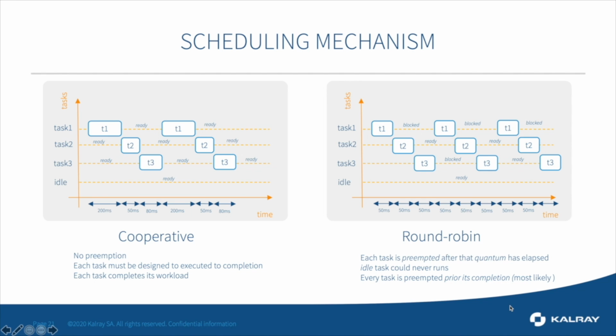As you can see here, for instance, task 3 has been blocked after 50 milliseconds, and task 1 is taking the resource, and when the next task 2 is preempted to finish and to give the hand to task 3, task 3 can here finish and complete its execution and go back to ready state. So that's a way to configure an operating system. This is the round-robin scheduling algorithm.